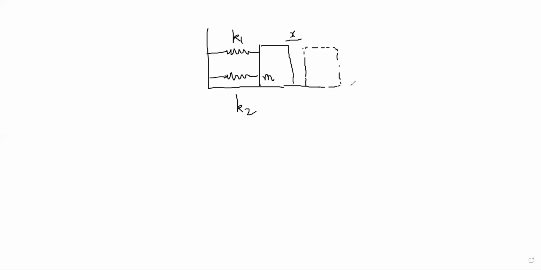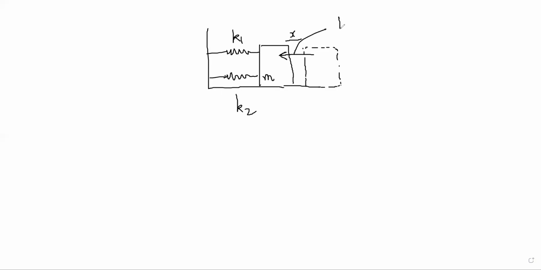Generally, when you have to solve SHM questions, you have to displace it a little bit from the equilibrium. So if the mass is like this, there are two springs K1 and K2, and this is M. Right now it is in equilibrium, but displace it slightly by some x amount. Then measure the restoring force.